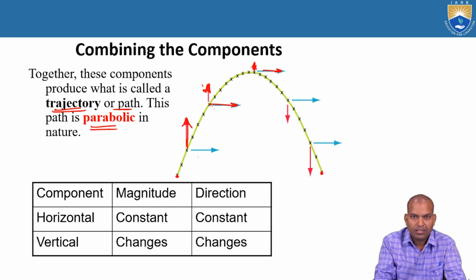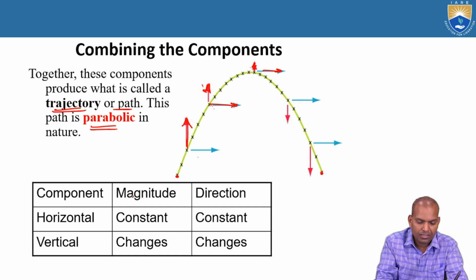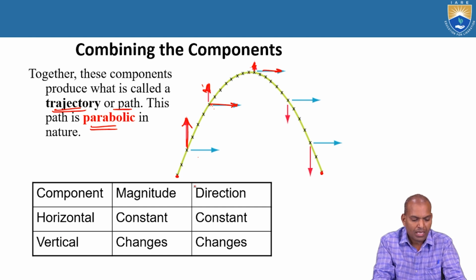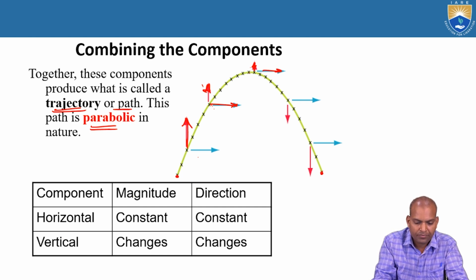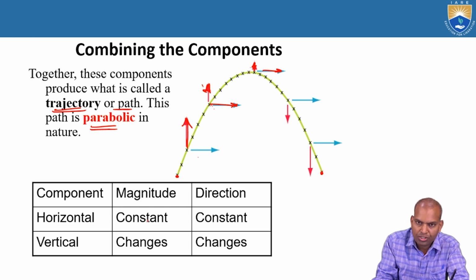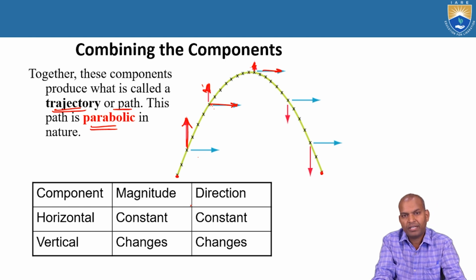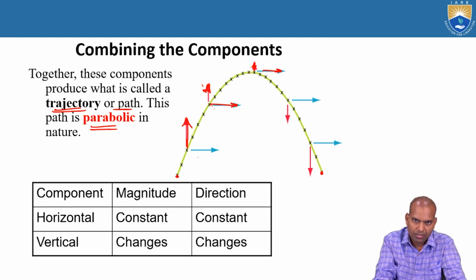So for the components, horizontal and vertical, in magnitude and direction: the horizontal component is constant in both magnitude and direction, whereas the vertical component changes in both magnitude and direction.